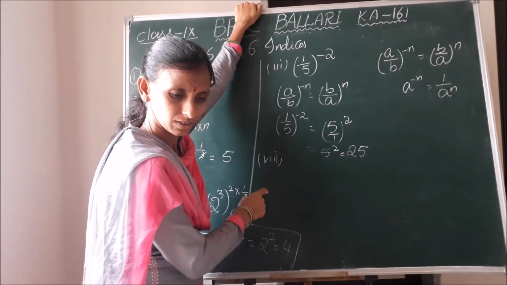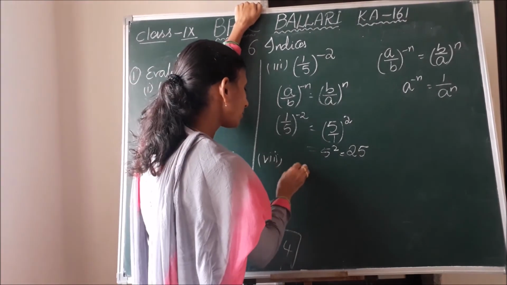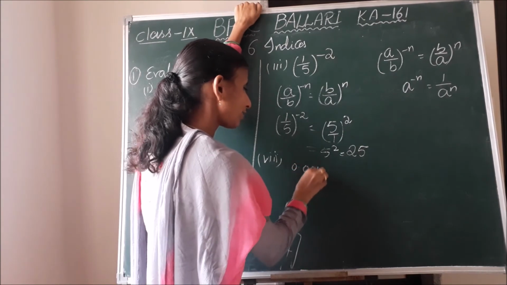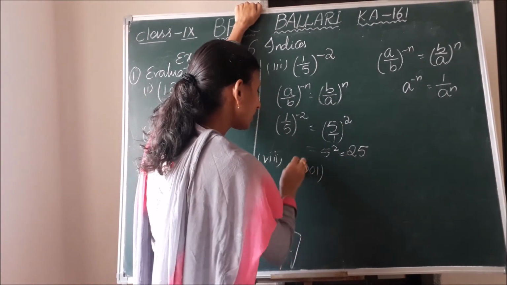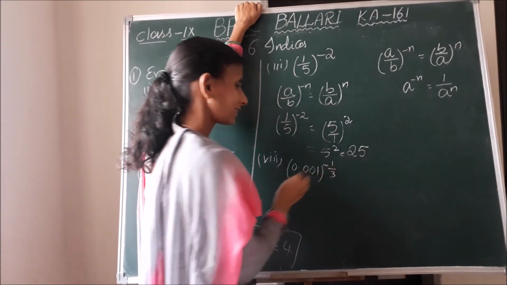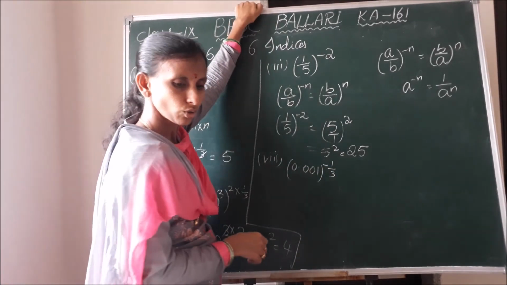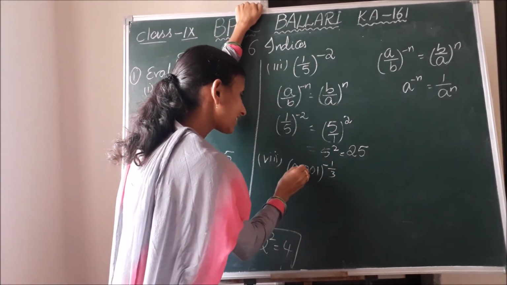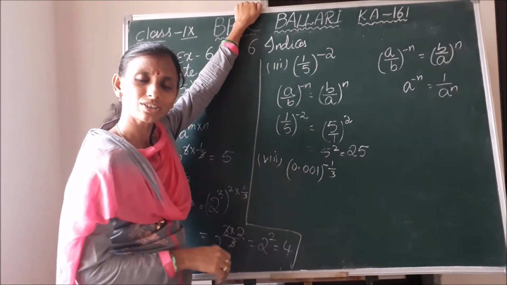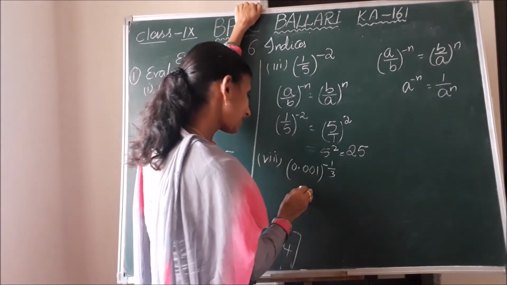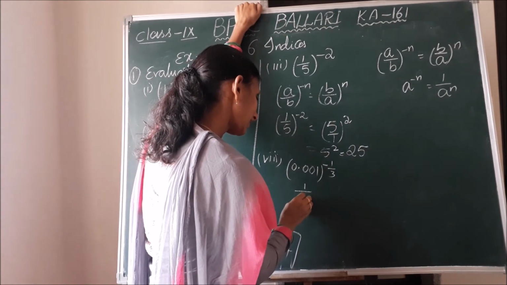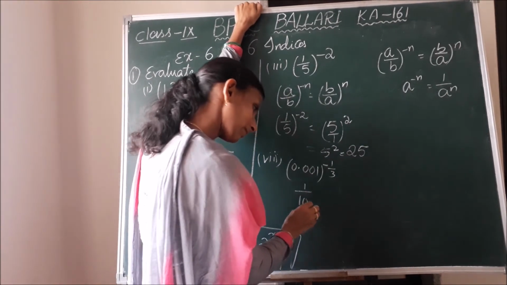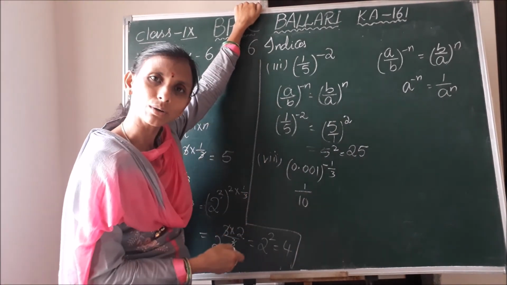So our next question is 8th one. 0.001 whole power minus 1 by 3. So here you see it is in decimals. So in fractions what we can write? It is 1 by 10 cube or else 1 by 1000.